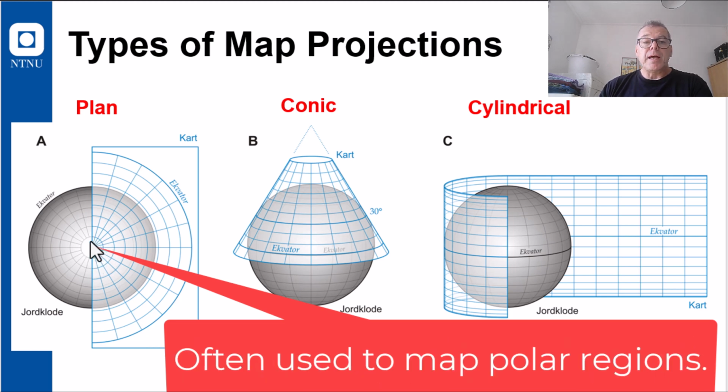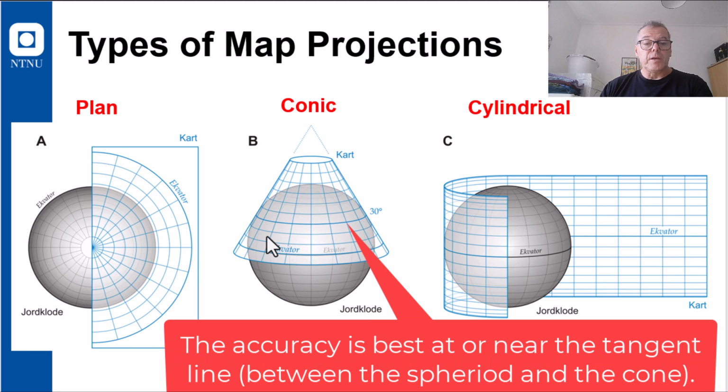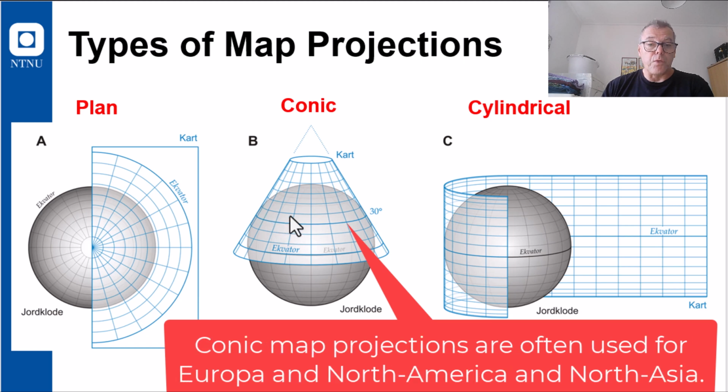So these plan map projections are therefore often used to map polar areas. For the conic projection, the surface of the Earth touches the cone along a line, as illustrated here by the 30-degree latitude north. So the accuracy for a conic map projection is best at this tangent line or near it.